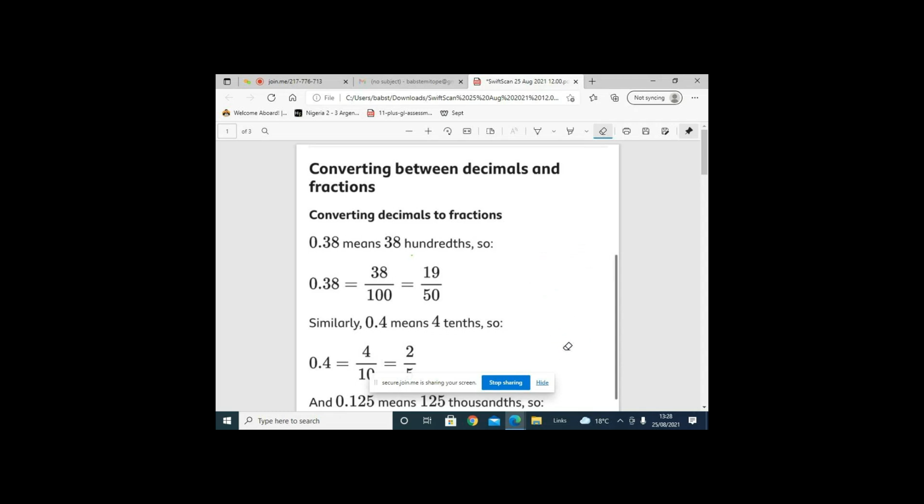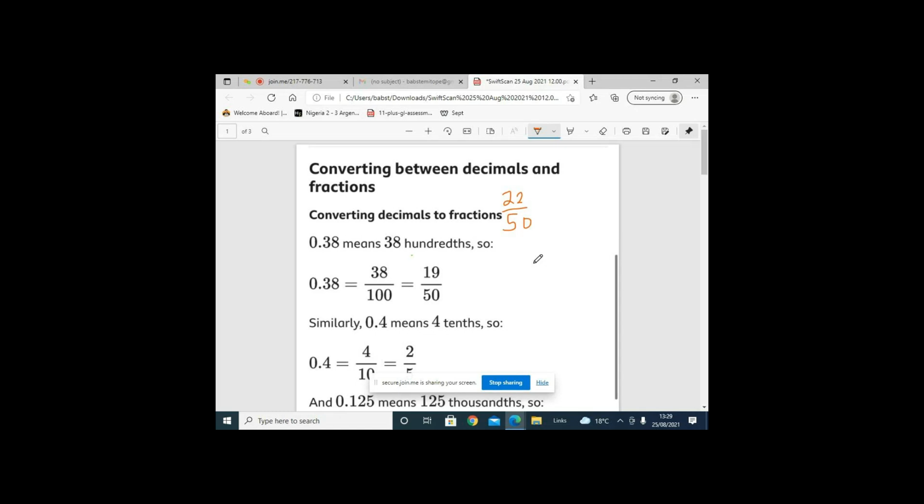I'm just going to show you something. This question came out in a functional skills exam. It says express 22 over 50 as a decimal. Can you do it? Can we divide it by 2? If you divide it by 2, you get 11 over 25.